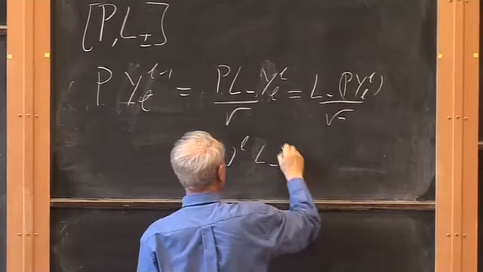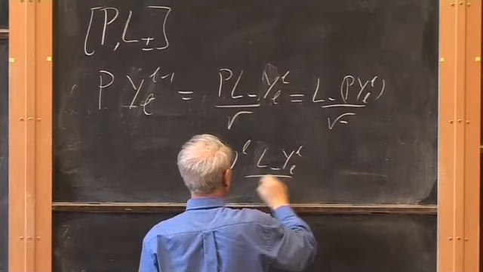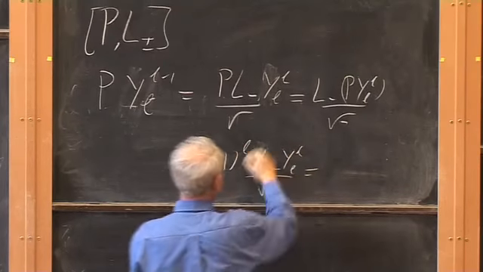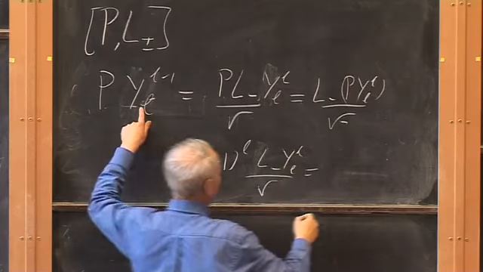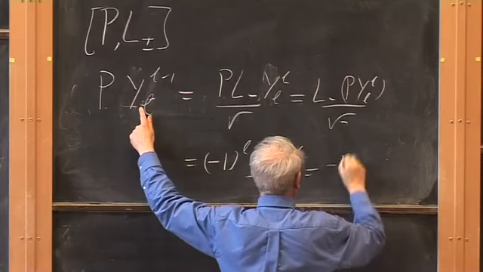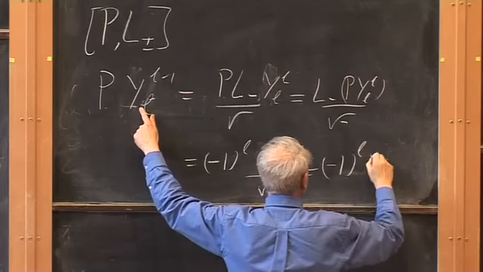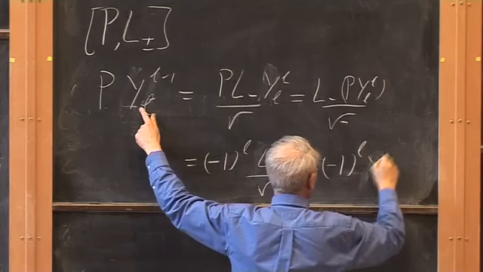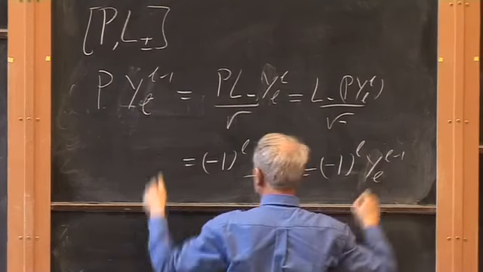So we have L minus Y_LL over the square root. But this is Y_{L-1}. So it's equal to (-1)^L of Y_{L-1}.